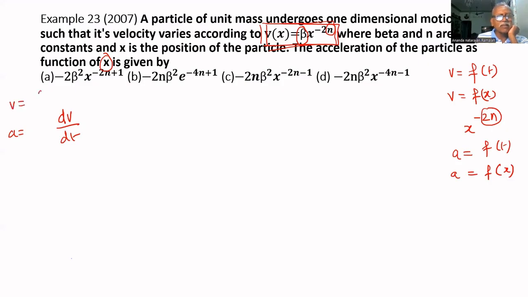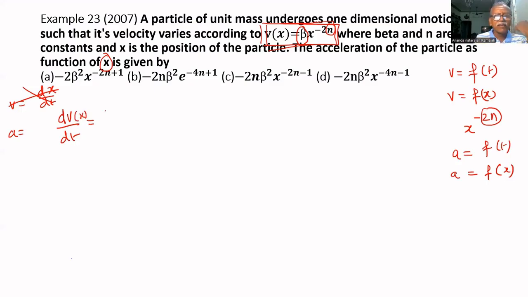Velocity equal to dx by dt, that is given already. But the acceleration is dv by dt, that is dv of x. That's why we cannot differentiate with respect to t.